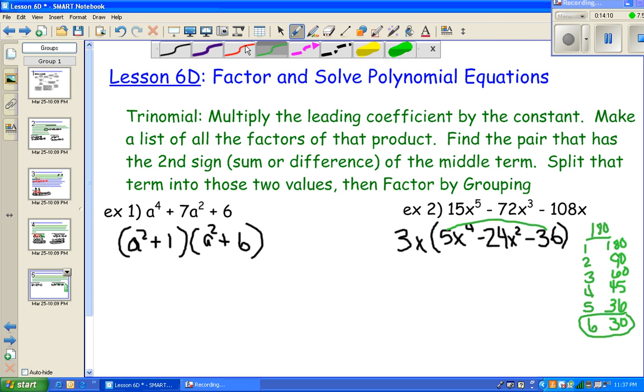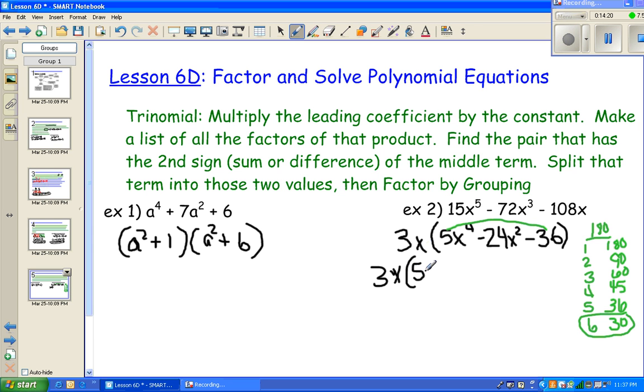But this is where the factor by grouping is going to come in, just like it did in quadratics. All we're going to do is break that middle term up into a positive 6x squared and a negative 30x squared.